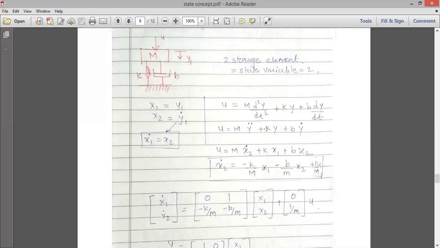So y is equal to x1, then y dot is equal to x2. Don't get confused between these variables. y1 is given as the displacement, and here, instead of y1, the standard y is written, so both are the same.